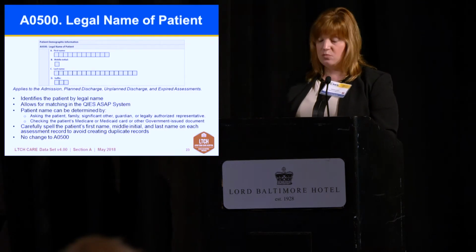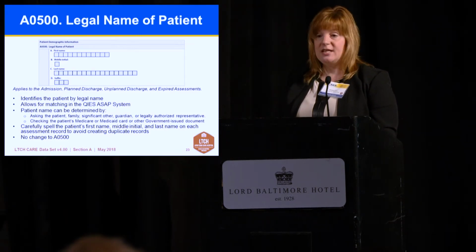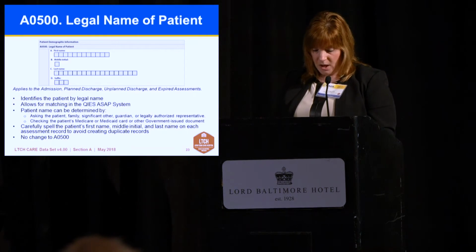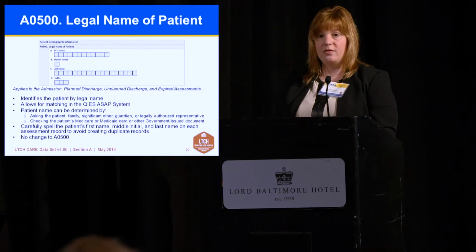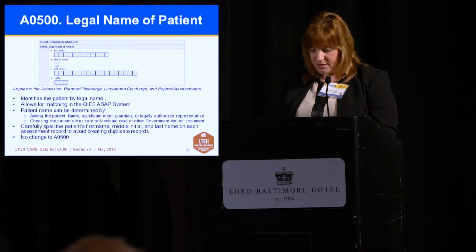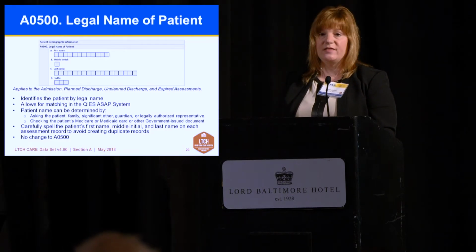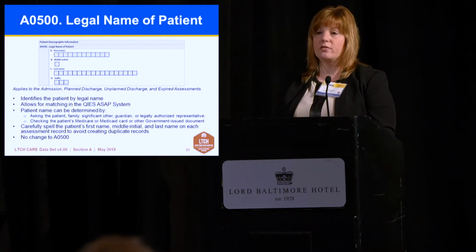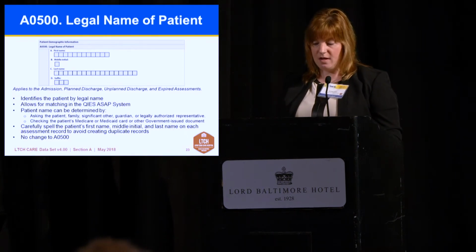If the patient has more than one middle name, use the initial of the first middle name. In the event that a valid method for checking a patient name is not available, you may ask family members, significant others, guardians, or legal authorized representatives for this information.